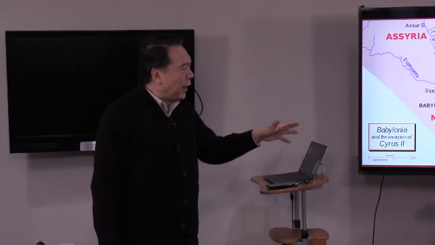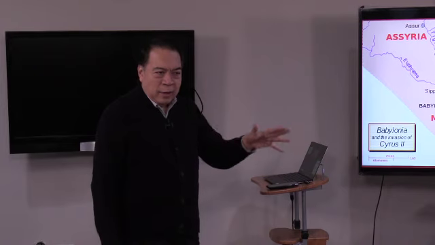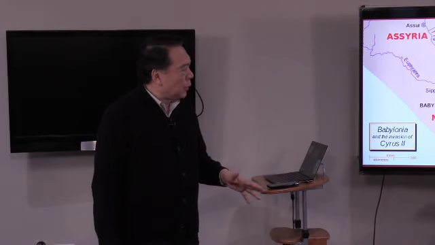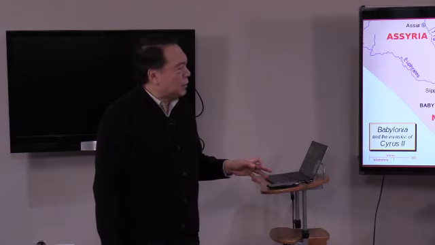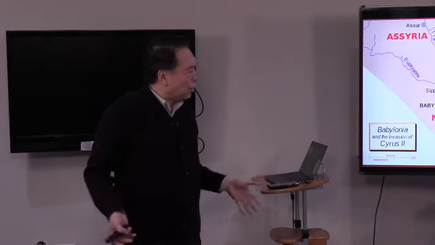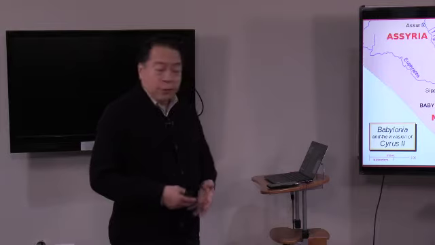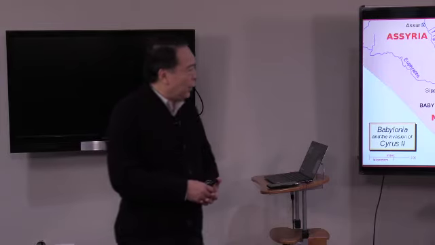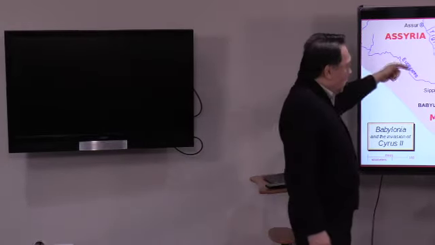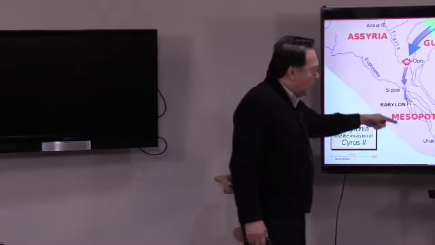So he went directly against Babylon, against Nabonidus. So there were three battles that happened, and the three battles gave way to the conquest of Babylon and the fall of Babylon under Belshazzar. Okay, we have the battle of Opis, the battle of Sippar, and the battle of Babylon.